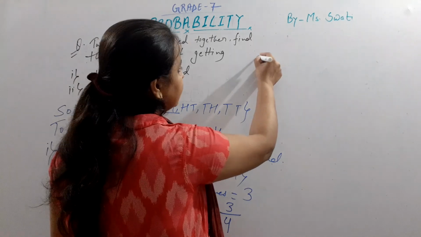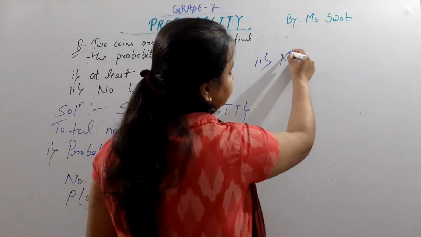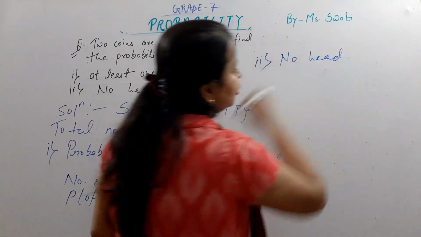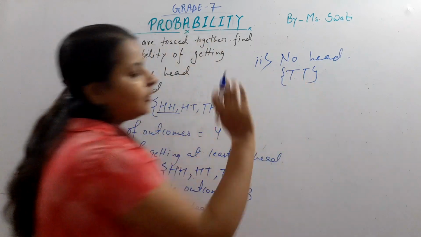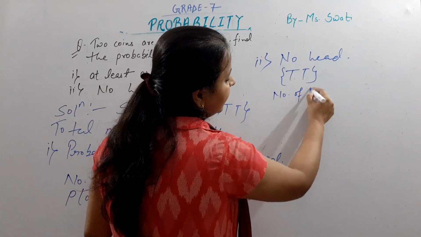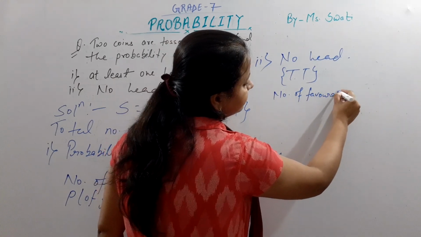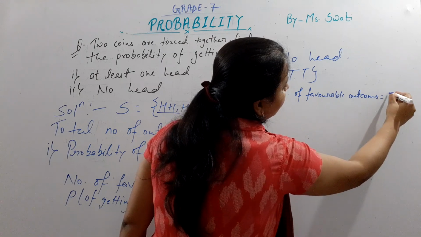Now the second is, what we have to find out? No head. No head means tail tail. Only this outcome. So the number of favorable outcomes becomes 1.